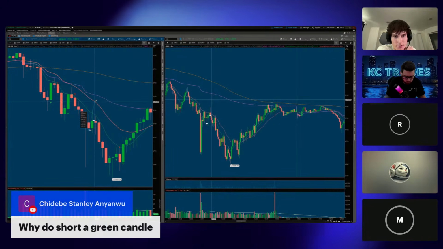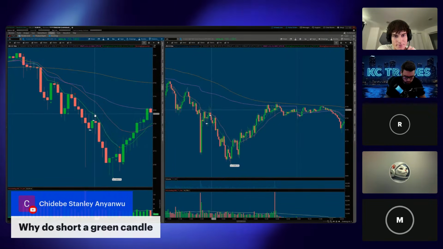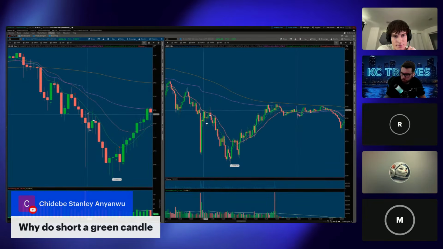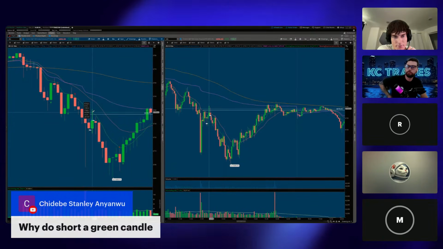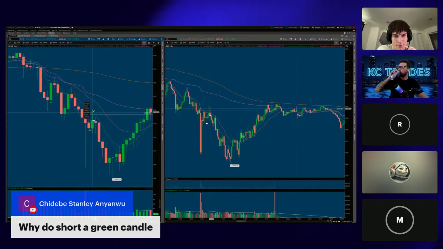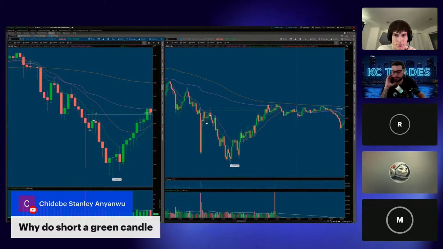Or you're going to say the 10-minute 20 points. I think that's way too much, right? Versus saying, hey, I have a logical risk. If price closes above this pivot, which it wicked above, but it didn't close above, then I'll stop out. Also, this is going to get me much closer to my risk point, right? Exactly.